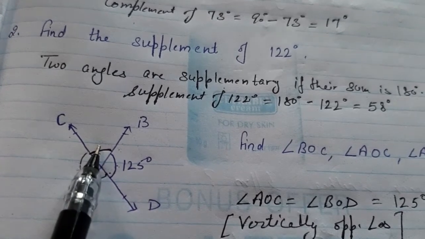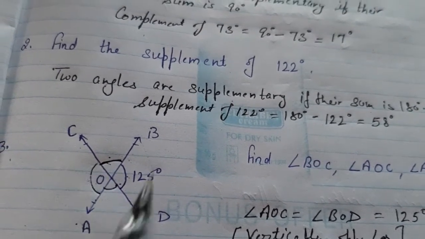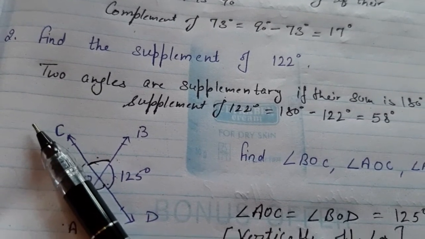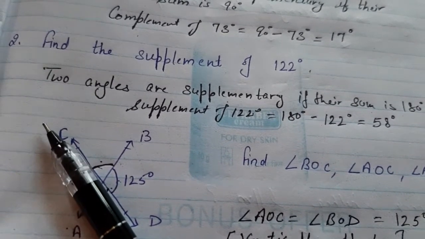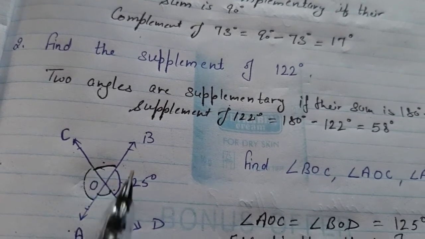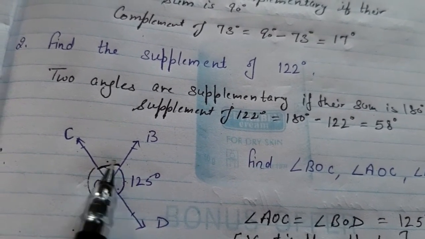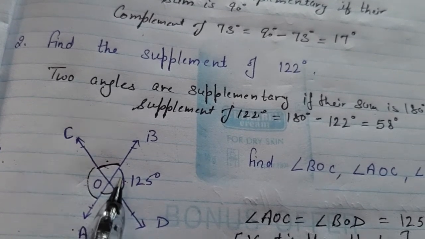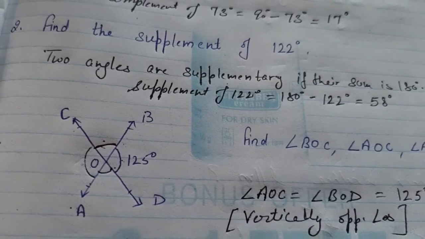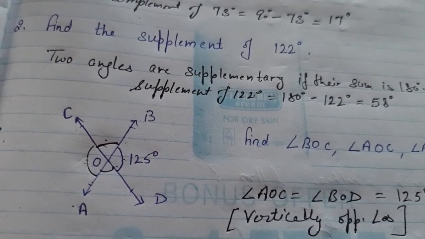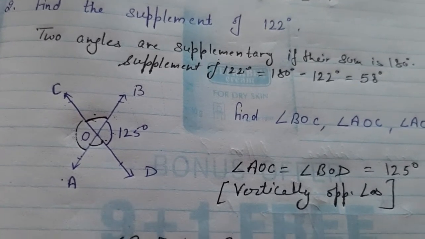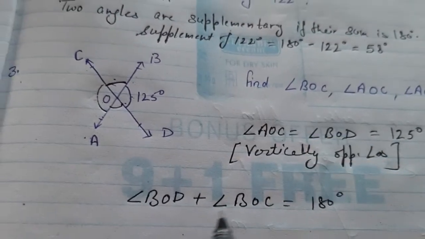Now we can find out this angle. If we leave these below angles, then CD is a straight line, and on a straight line we have a linear pair, and if we know one angle we can find the other one. So angle BOD plus angle BOC is equal to 180 degrees.